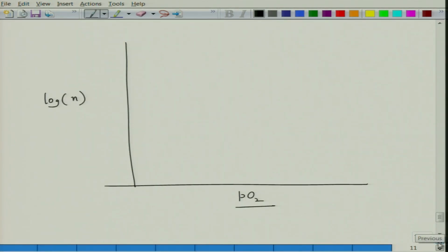So, we saw that in a certain regime the oxygen vacancy concentration goes as minus 1 over 6. Then the oxygen vacancy concentration is minus 1 over 10. So, initially it is minus 1 over 6 and then it becomes minus 1 over 10. This is for VO.